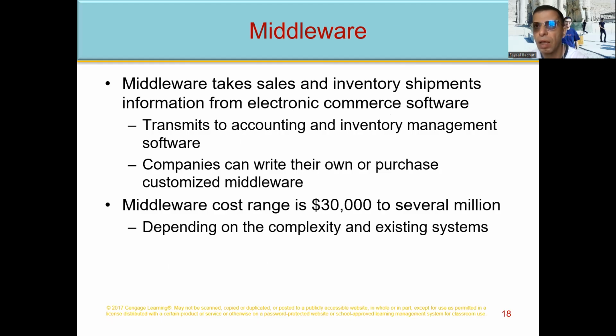Now, there must be some middleware that connects your back-end system to the front end, and it's called middleware. Middleware takes sales and inventory shipment information from electronic commerce software and transmits it into accounting and inventory management software.